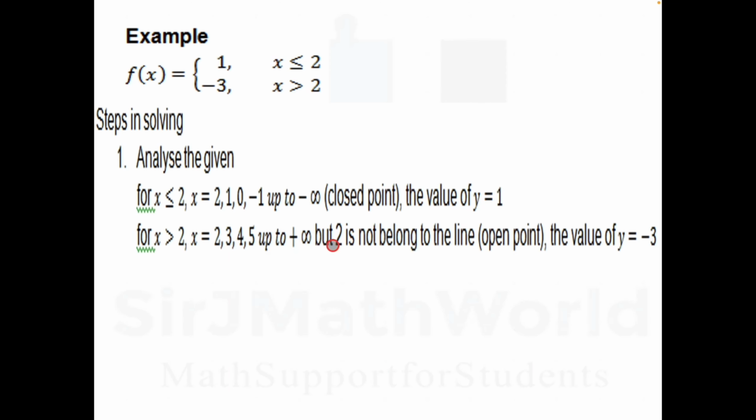So, it's stated here that 2 does not belong to the line. So, open point kasi wala siyang guhit sa baba. So, the value of your y is equal to negative 3. Now, the reference point here is 2 kasi since we are talking about here x is less than or equal to 2 and x is greater than 2. So therefore the reference point here is 2.